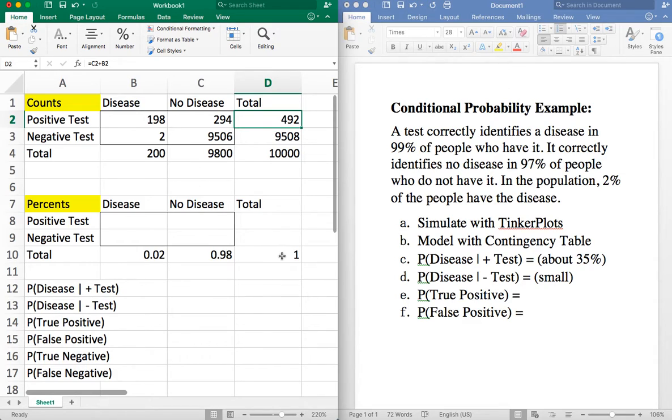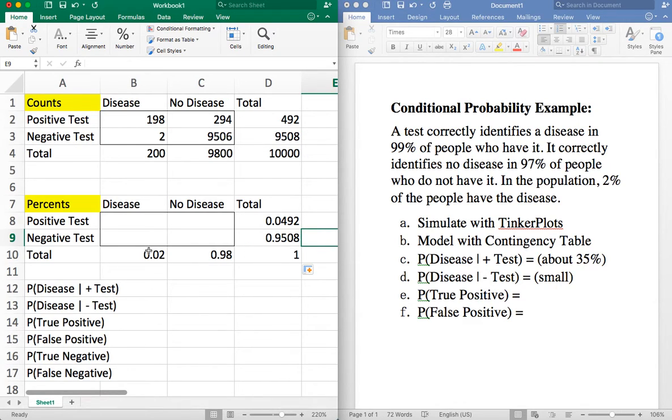We could always do this by dividing out by 10,000 on all of these. So I could just say this is that number divided by 10,000 and drag that up. And now I know what the probabilities are here.